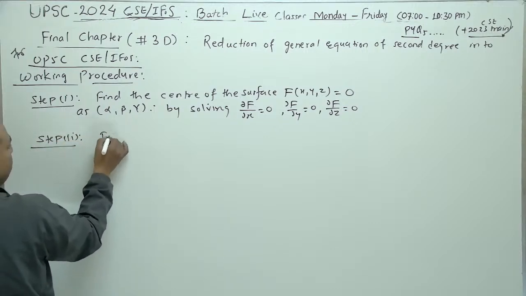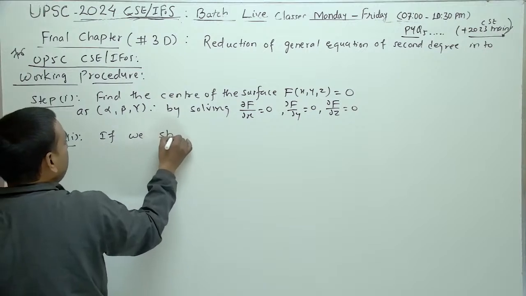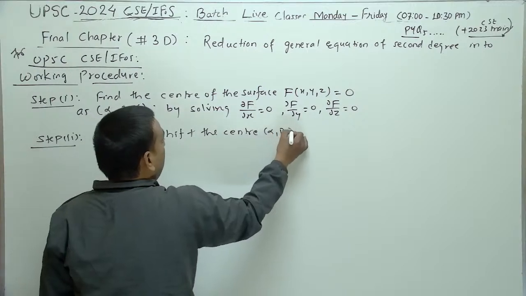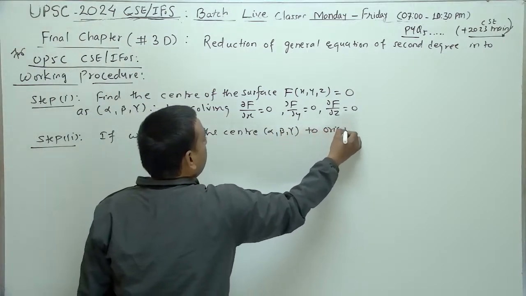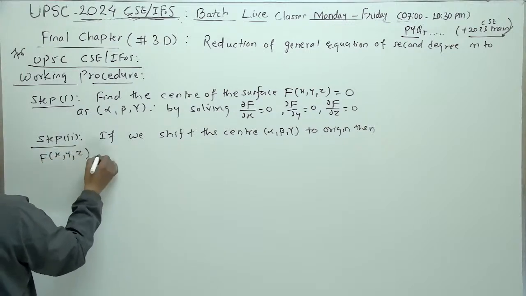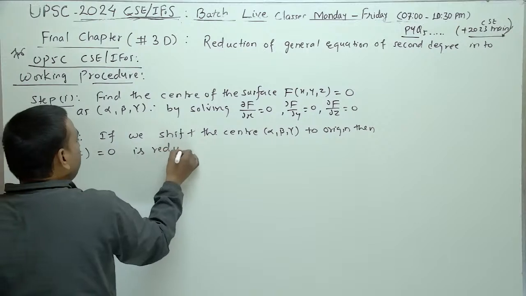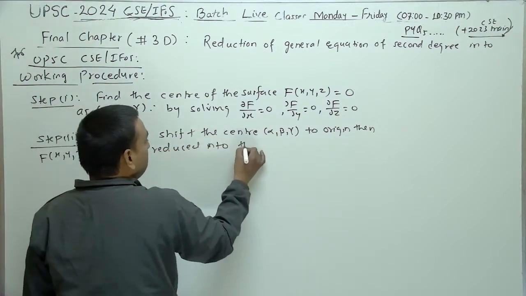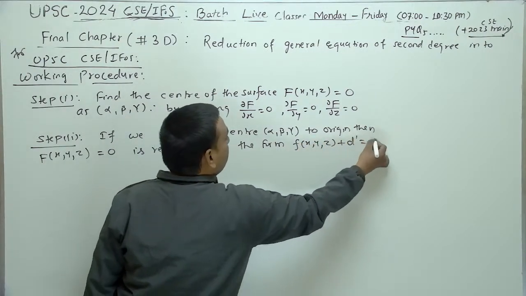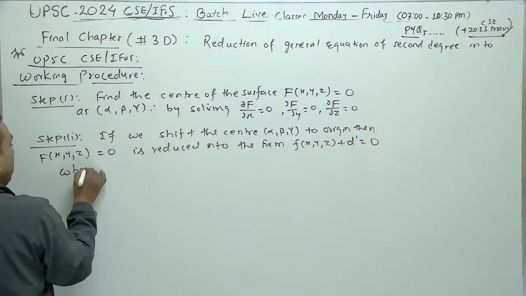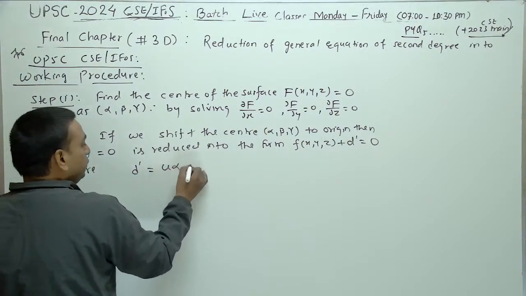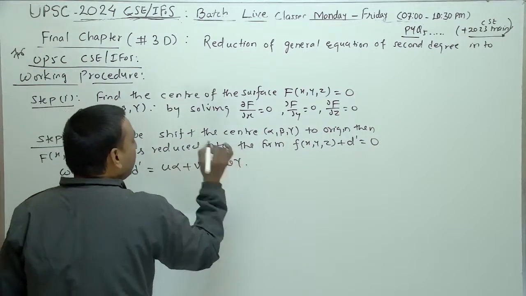If we shift the origin, if we shift the center alpha, beta, gamma to origin, then f of x y z equals to 0 is reduced into the form small f of x y z plus d dash equals to 0, where d dash equals to what? बोलो जल्दी से. u alpha plus v beta plus w gamma.